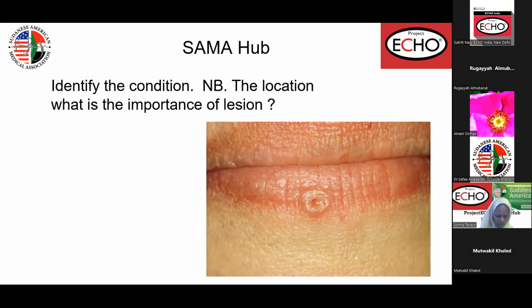Okay, any takers? Latent form of HSV1. Okay. It could be a differential diagnosis.